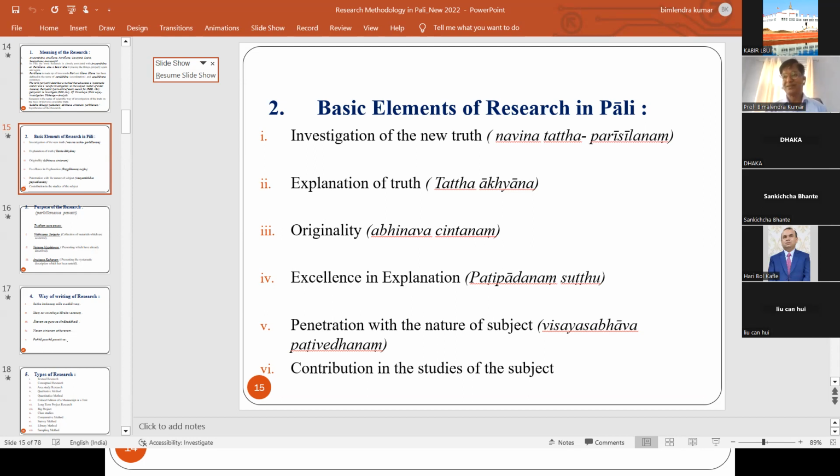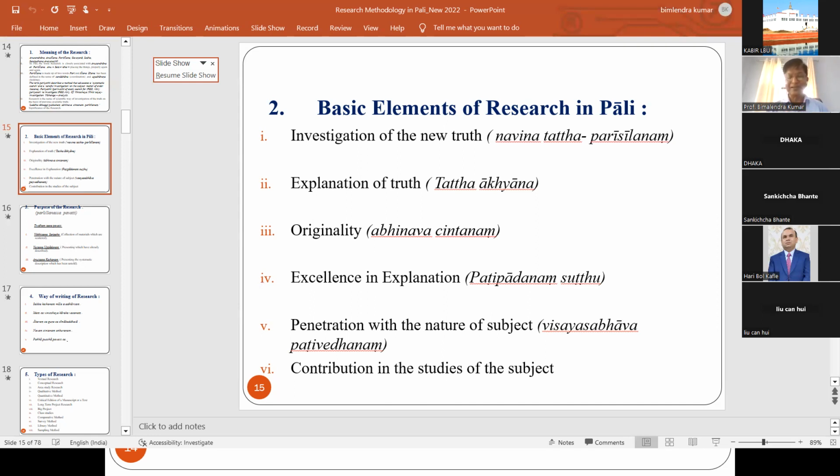That is the investigation of the truth in new ideas or new thoughts. This is called investigation of the new truth. So this is the first element of our research.